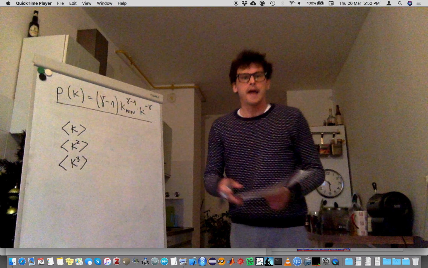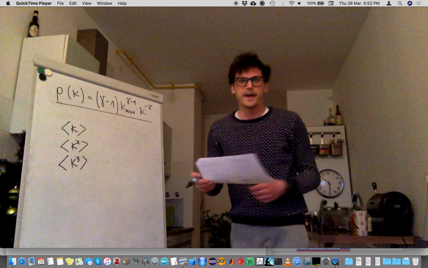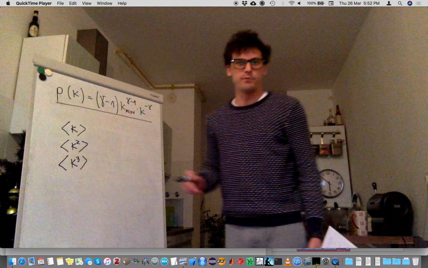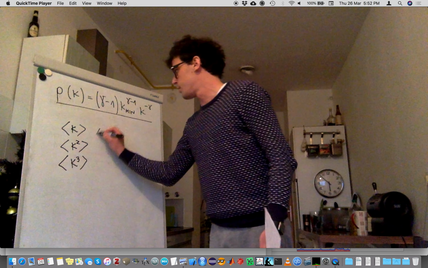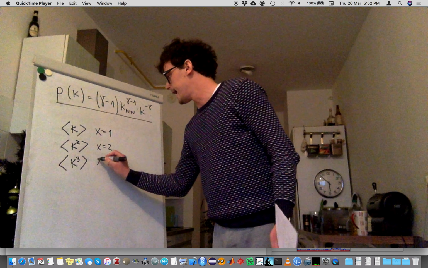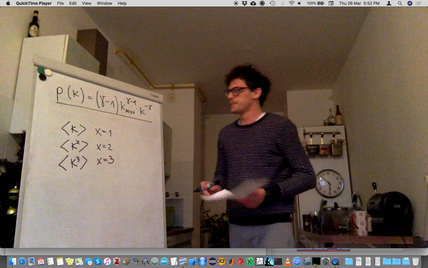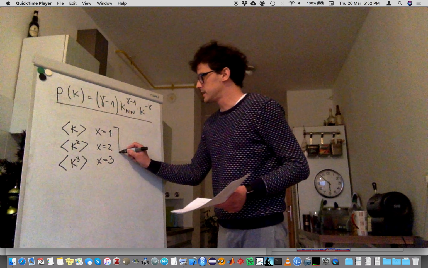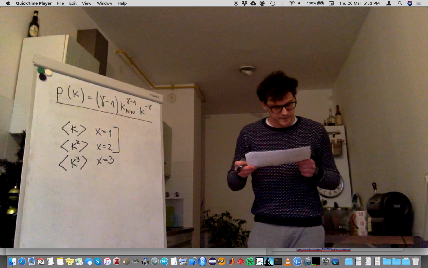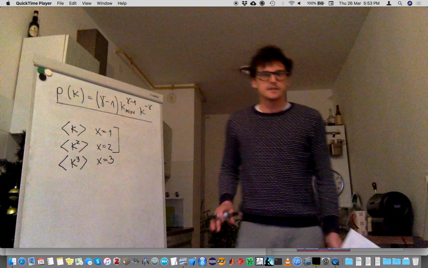On the slide, I will denote different moments with different values of x, where x will tell me this exponent. So for the first moment, x will equal 1, then x will equal 2, and x will equal 3 for the third moment. As we will see, we will mostly be interested in these first two moments. Now, why would that be interesting?